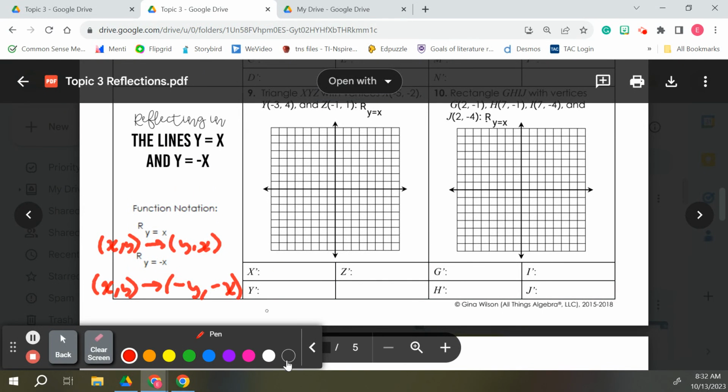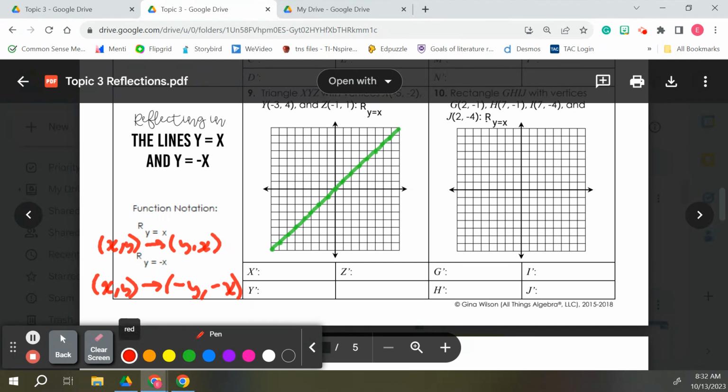So if I wanted to graph these, the first thing I'm going to do is graph my line of reflection. Now this one says y equals x. So that means it's a positive slope. It's literally like this with the intercept at 0. So that's my line of reflection.